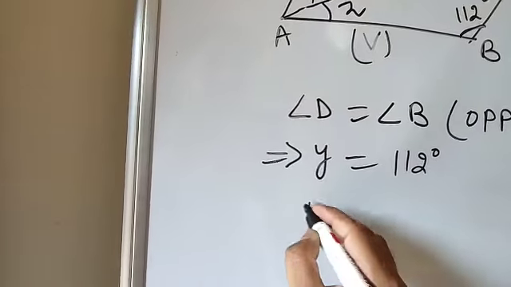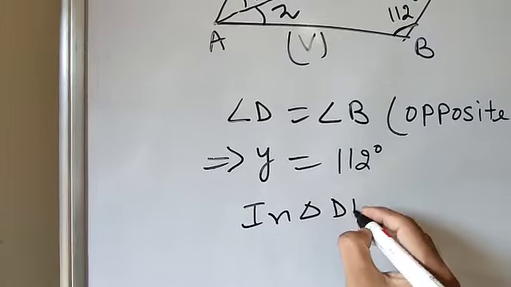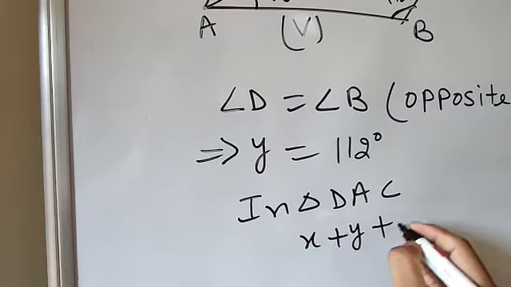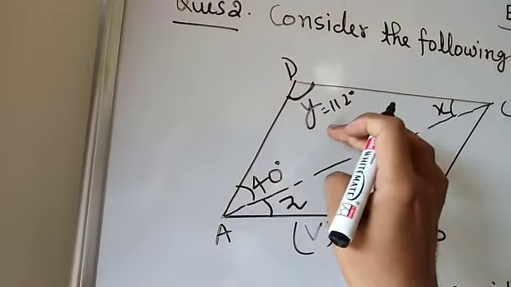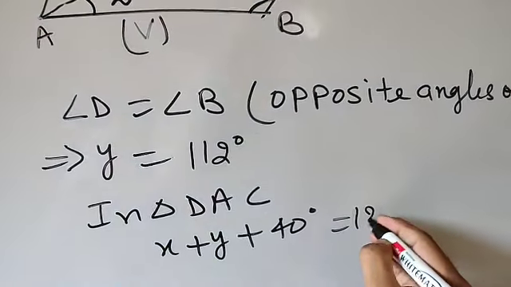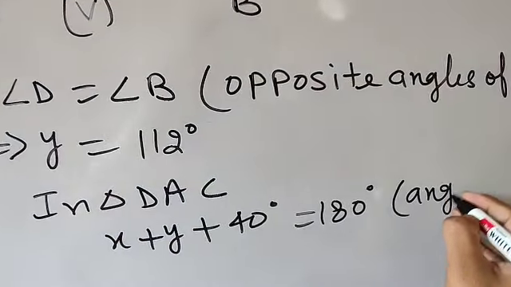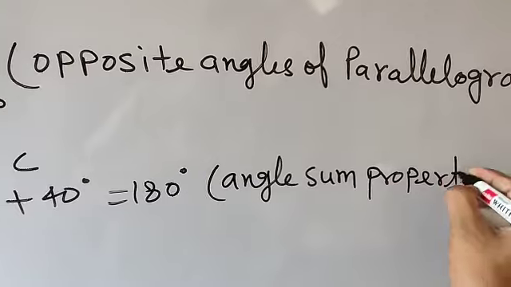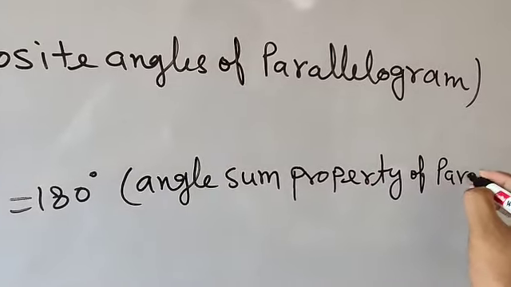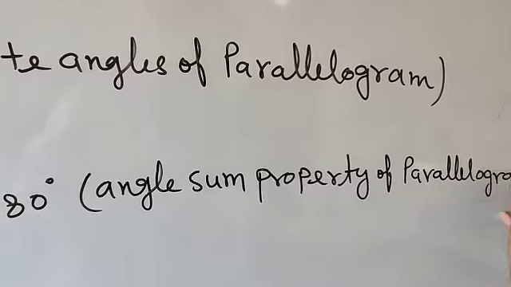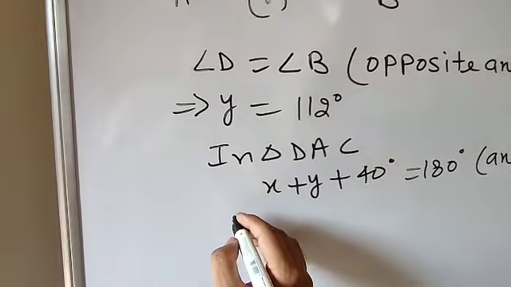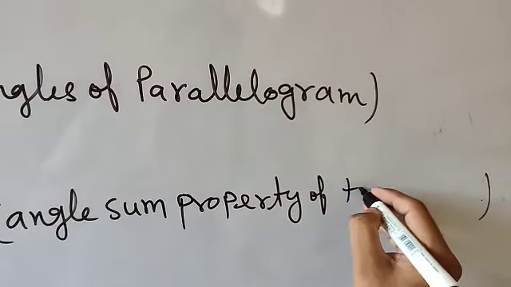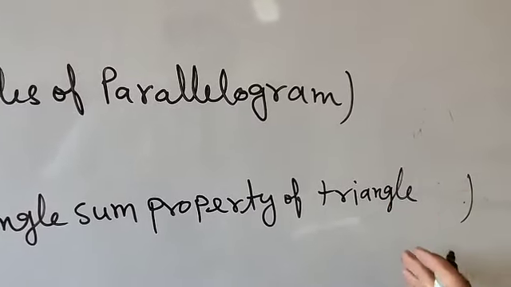So here you can write in triangle DAC, x plus y plus 40 degrees equal to 180 degrees, angle sum property of triangle.